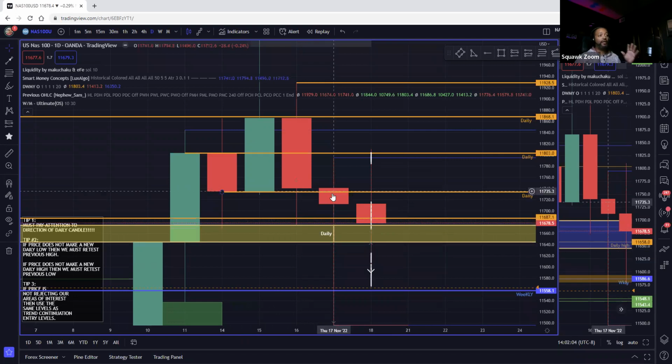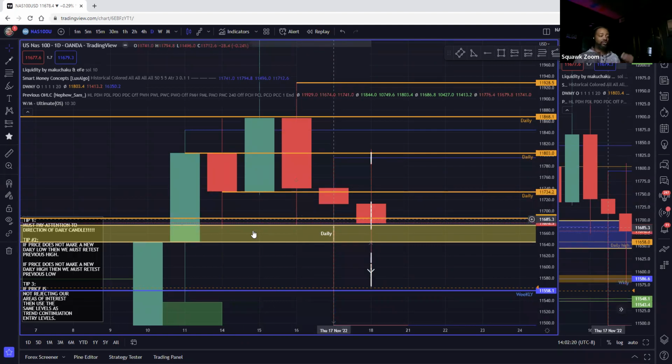So yesterday, we're talking about the way the candle closed yesterday. It was a very bearish candle. And though it was bearish and it closed below this structure, you would normally think that, because it's a bearish candle and it closed below previous bodies, we would continue to go down.